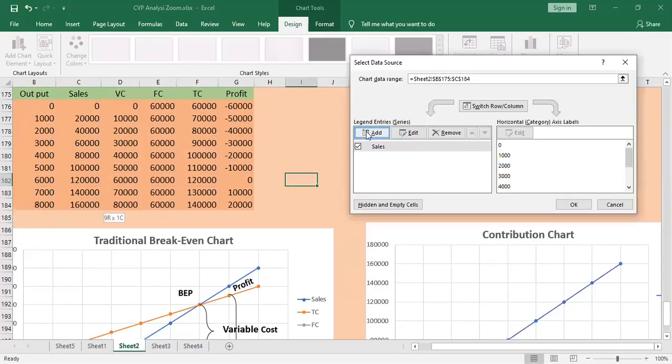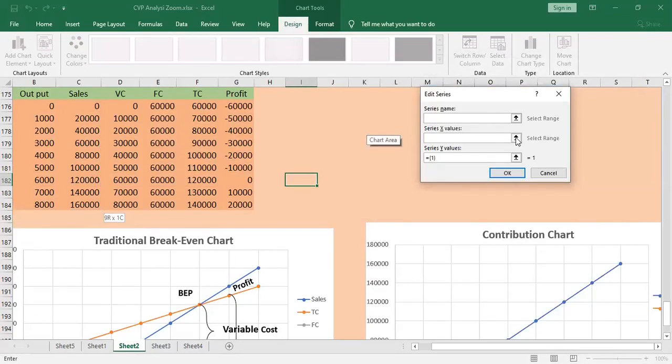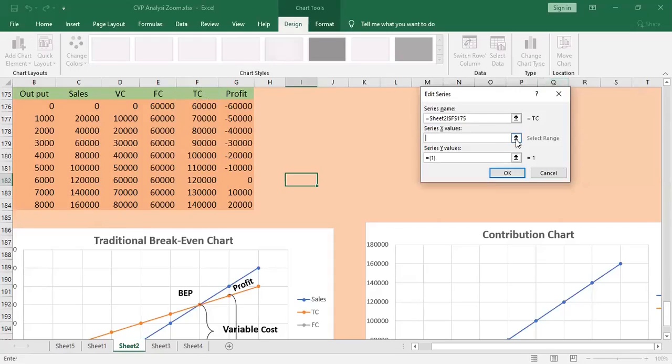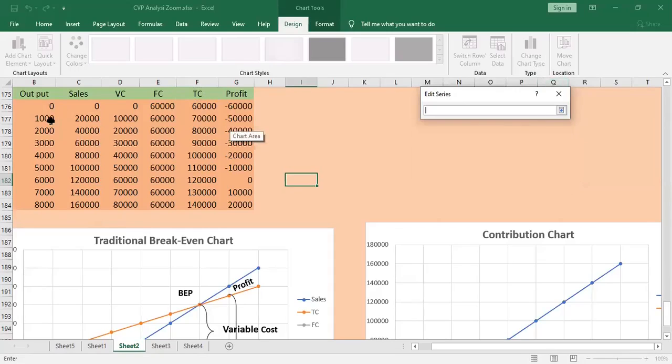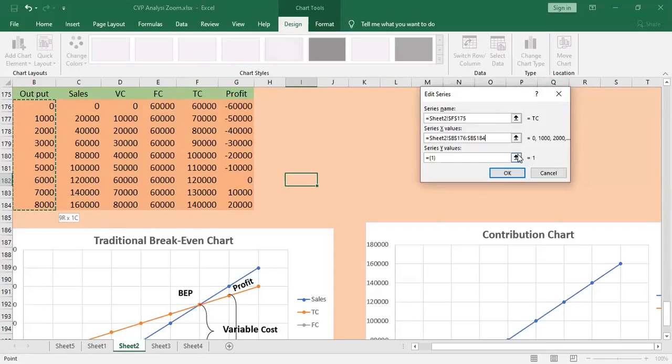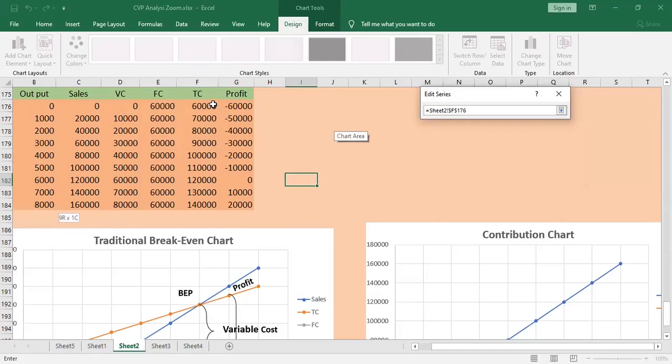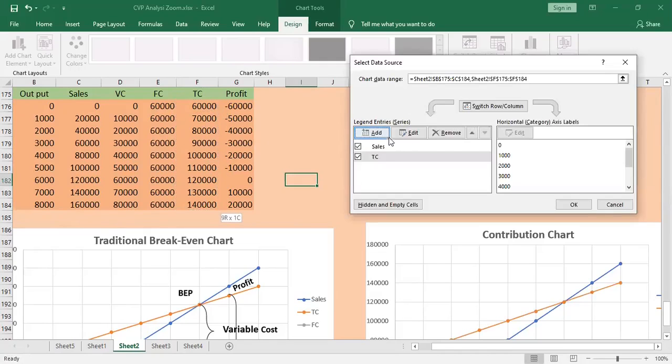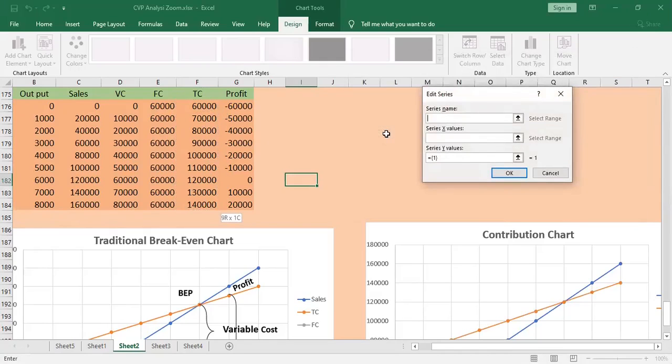And then I'm going to get total cost. Then I'm going to get the variable cost because we need to show contribution.